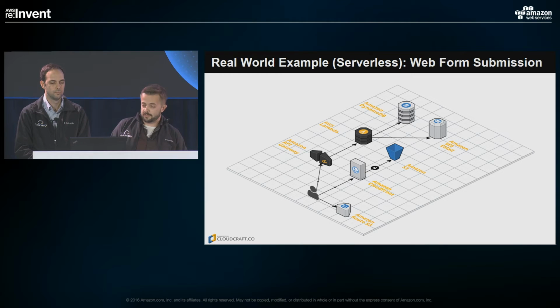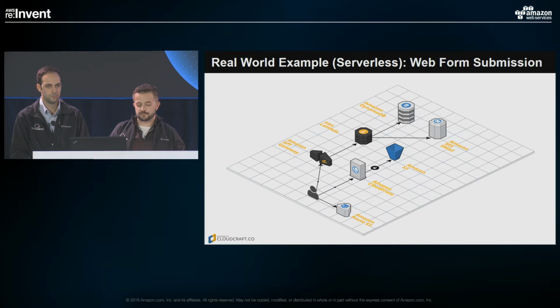Now, API Gateway essentially acts as the bridge that connects our presentation tier and the functions that we write in Lambda. Lambda then transforms and moves data to DynamoDB for future search and retrieval, and Amazon SES to send a verification email to the end user. Our data tier in this example just consists of S3, where the blank form is being hosted, and also DynamoDB for search and retrieval once the form is actually submitted.